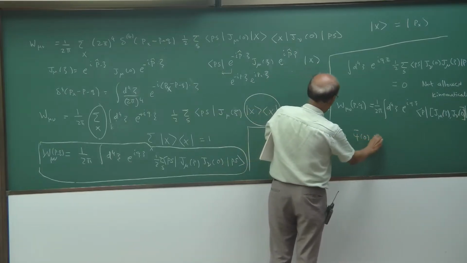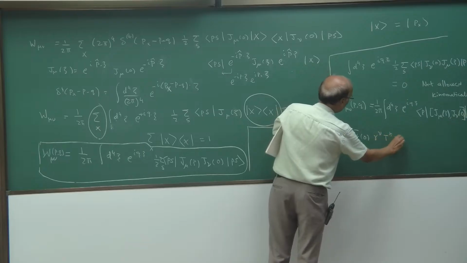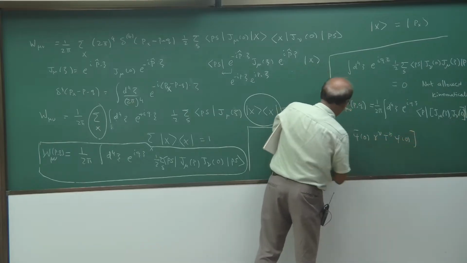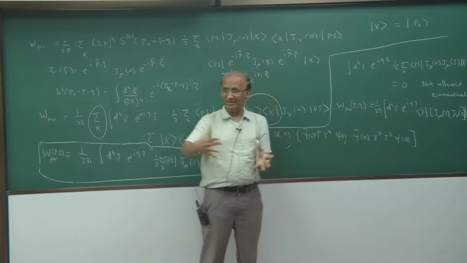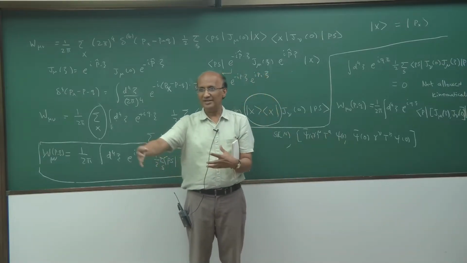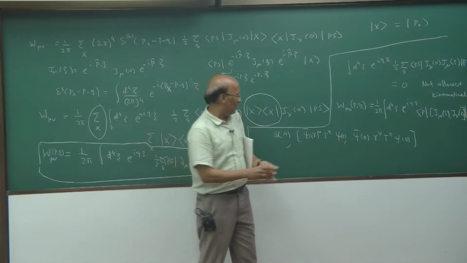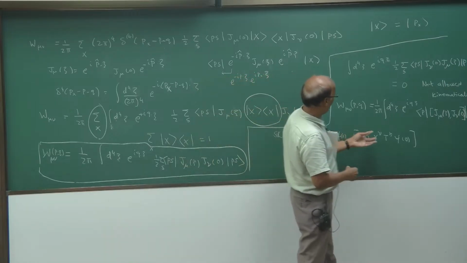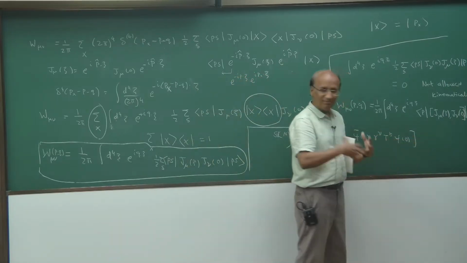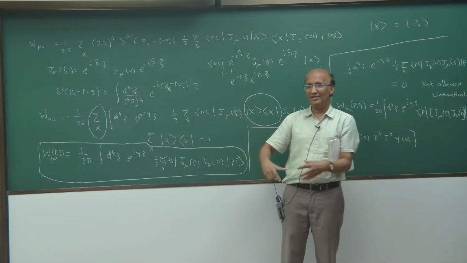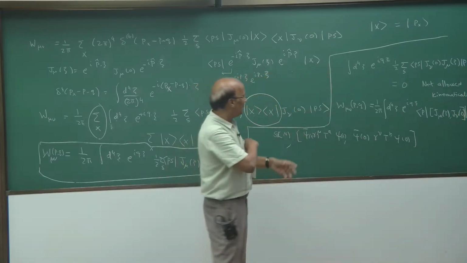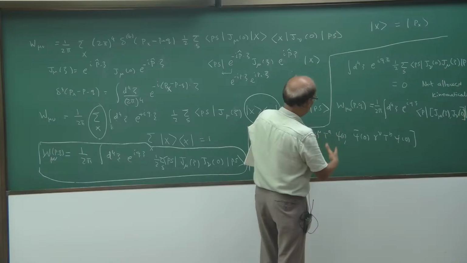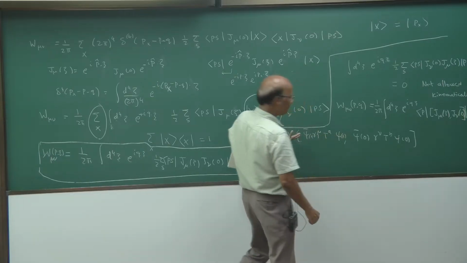You can show that the commutator of these currents, J mu A, J nu B, will be proportional to some structure constant times J C or whatever. Okay, so you can show that because it simply follows from the group structure of this.